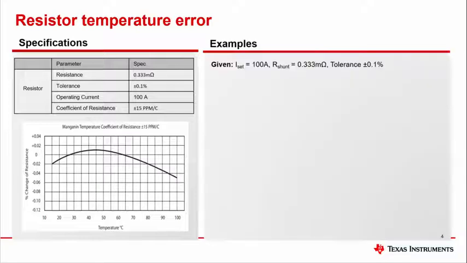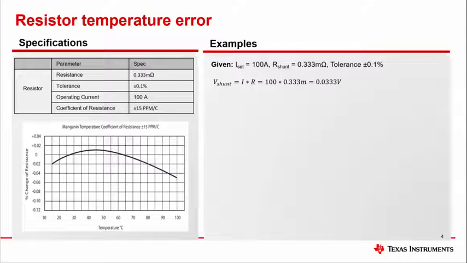Let us consider the error generated from a shunt resistor operating at an elevated temperature. Given a shunt resistor with R shunt equal to 0.33 milliohms, a tolerance of plus or minus 0.1%, and a current of 100 amps, we get an ideal shunt voltage of 33.3 millivolts.